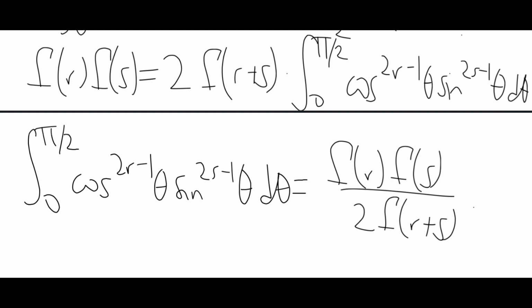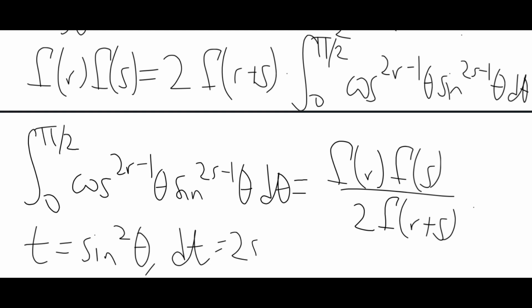Okay, now this is almost the beta function, except I don't want any trig functions. So what I'm going to do is say t equals sine squared theta, and then dt is 2 sine theta cosine theta d theta.